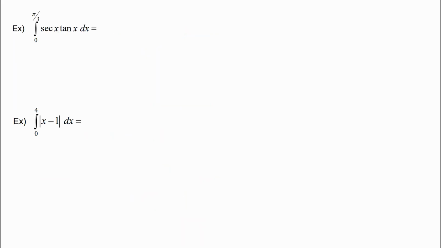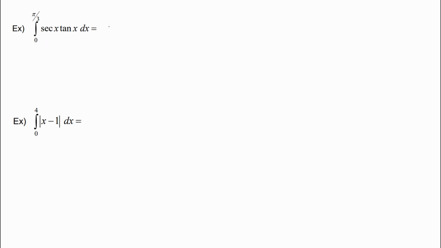Let's look at another example. What is the integral from 0 to pi over 3 of secant x tangent x dx? What is the antiderivative of secant x tangent x? Correct. It would be secant x.